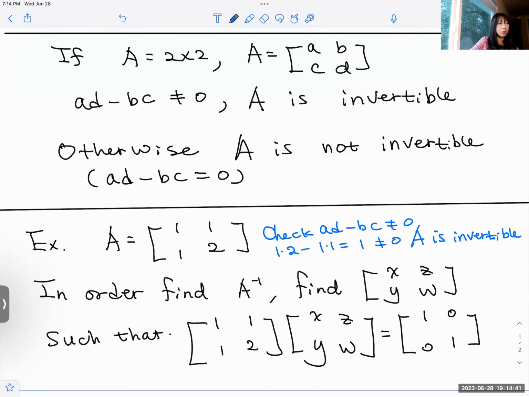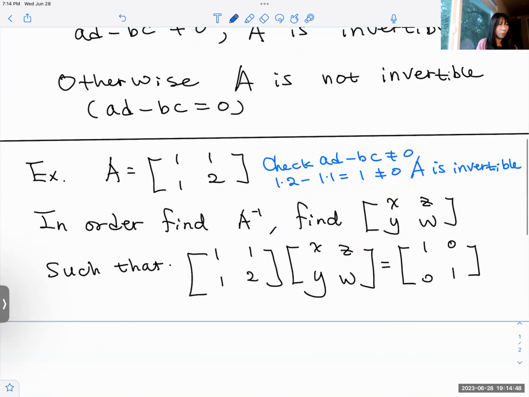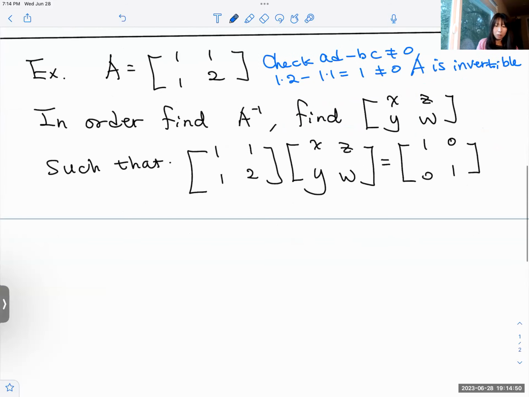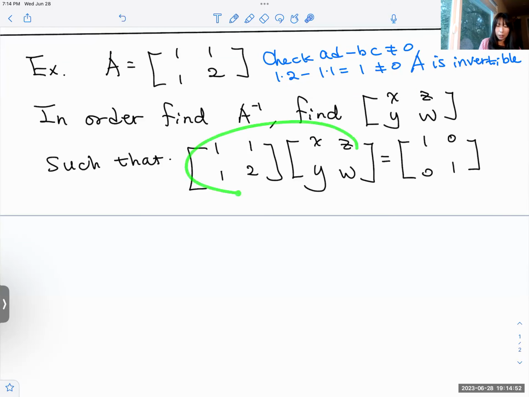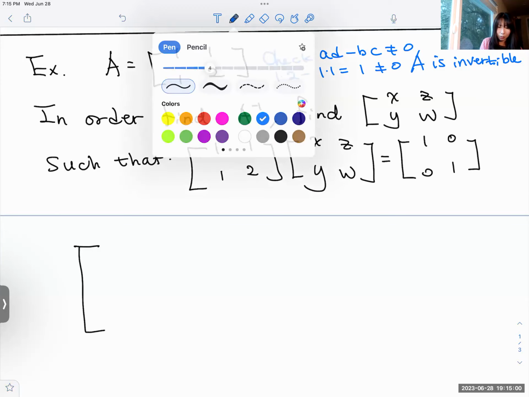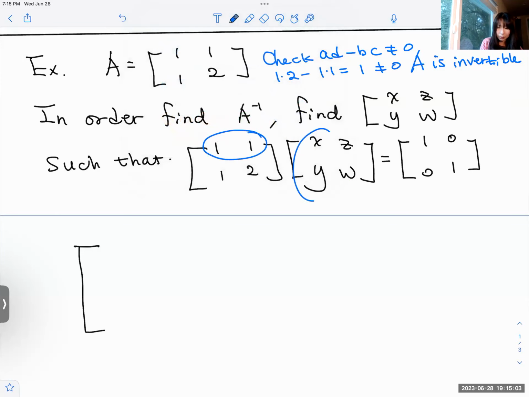All right, let us do this. So we multiply this way, right?